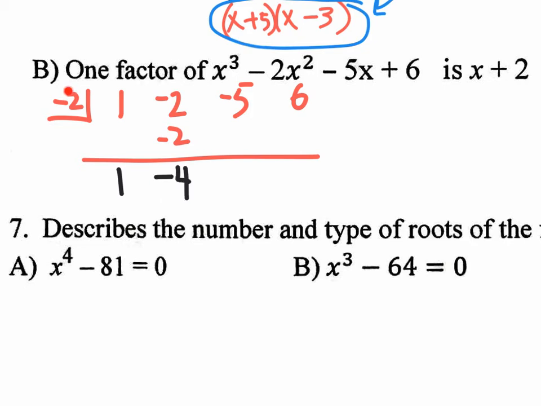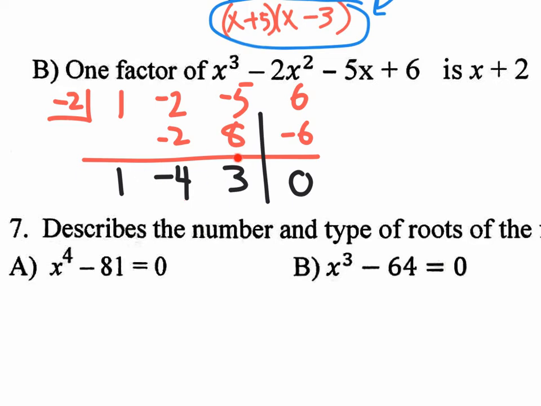As you go up, -2 times -4 is +8. As you go down, -5 and +8 is +3. And -2 times +3 is -6. And of course, this is going to be our remainder, which we know is 0. Because they gave us a factor, that means the remainder has to be 0.